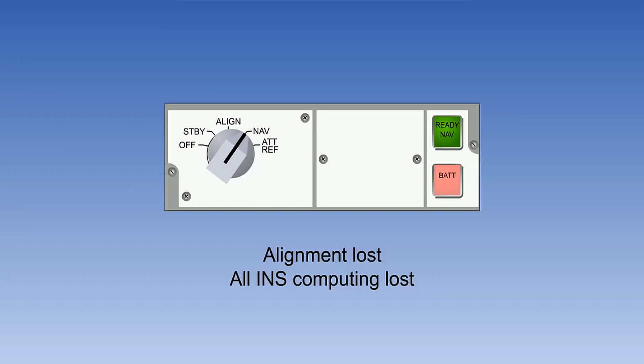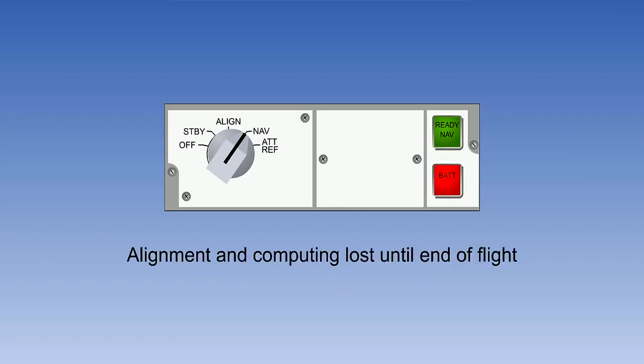It means that the battery is the sole source of power to the INS and that the battery is failing. When the battery power drops below a predetermined level, alignment is lost and, in time, all INS facilities will be lost. Even if power is subsequently restored, it will not be possible to realign and all navigation computing functions remain lost.